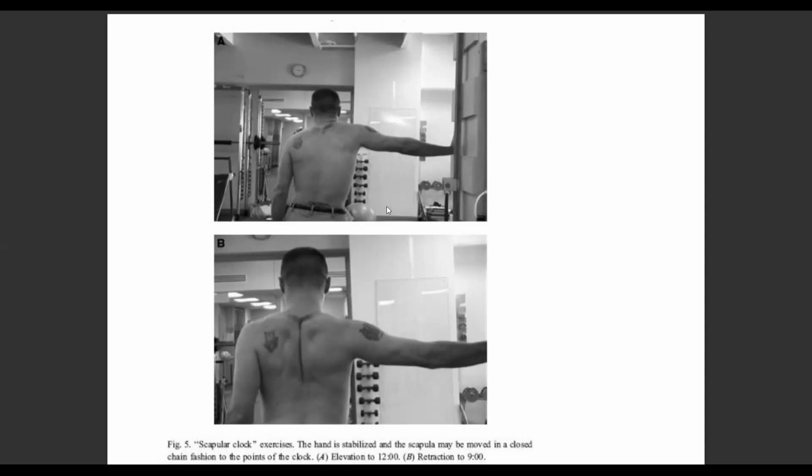There will be a rotation like the needles of a clock, and because of that the scapula is moved in a chain fashion to the points of the clock, like here from 1 to 2 to 3. So that's why this exercise is known as the scapular clock exercise. The hand will be closed chain, that is, supported on the wall.